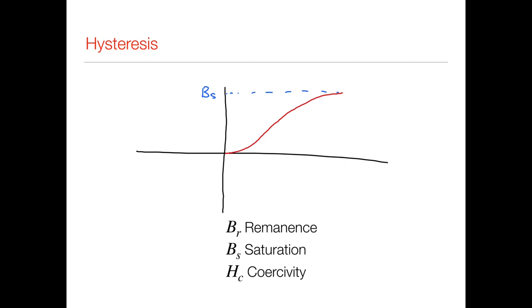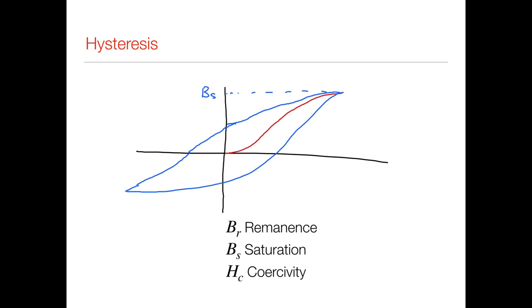Then we take the external field and reduce it, and it doesn't go back to 0. It goes back to something like this. So the material is still a permanent magnet. We have to apply a field in the opposite direction of that value in order to make the magnetization go back to 0. And we can form a whole hysteresis loop like this.